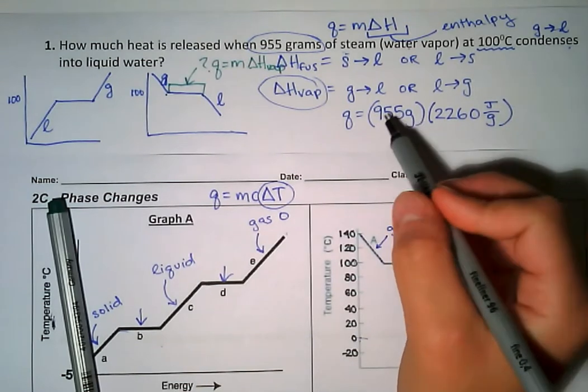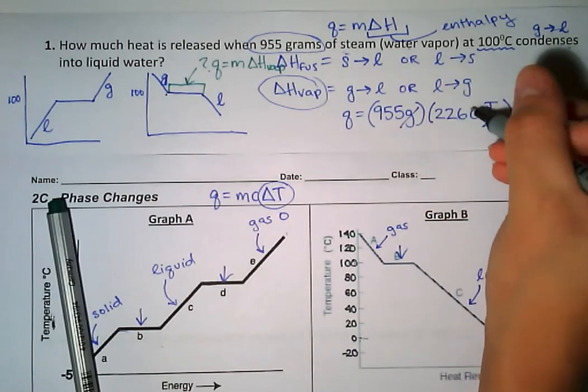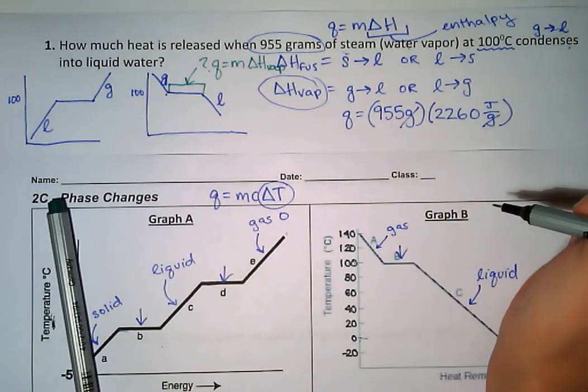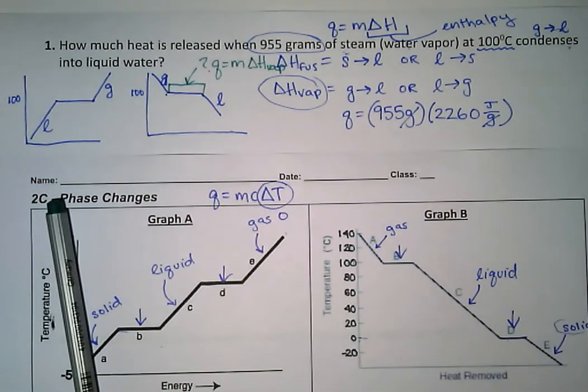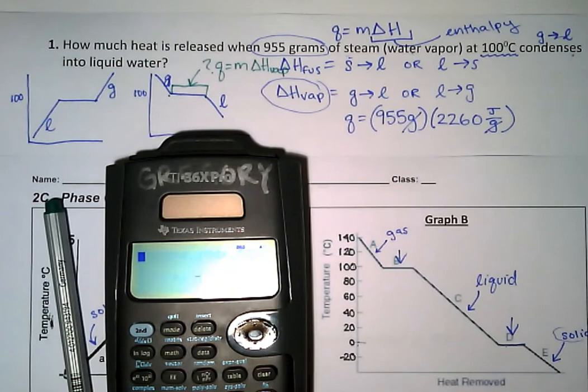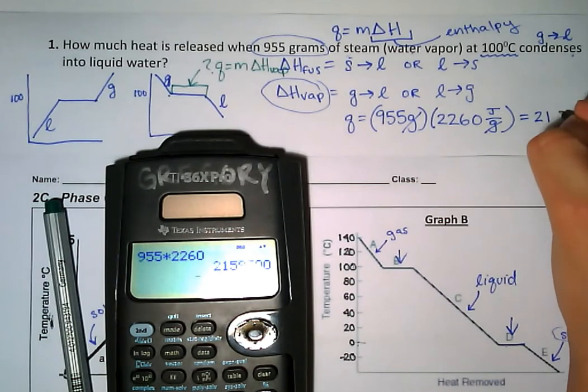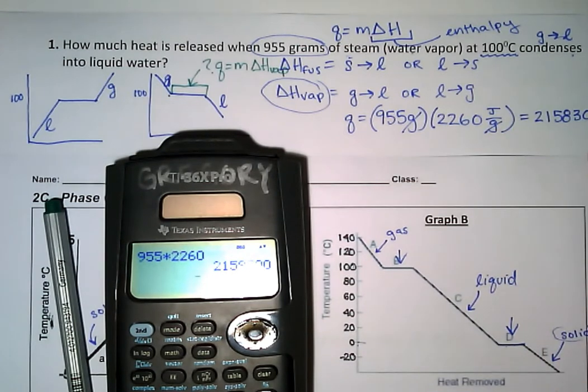And as you can see, when we multiply these two things together, our grams are going to cancel out and we'll just be left with joules, which is indeed our unit of energy. So all that we need to do here is type this into our calculator. So we have 955 times 2260, which gives us a big number, 2158300, and our units are joules.